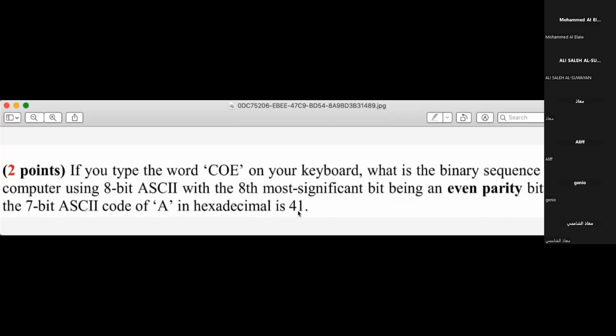So basically, let me open up a text editor here to just solve it. The question says that A is 41 in hex, right?